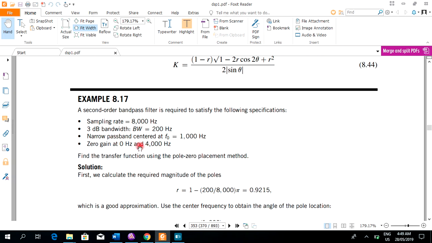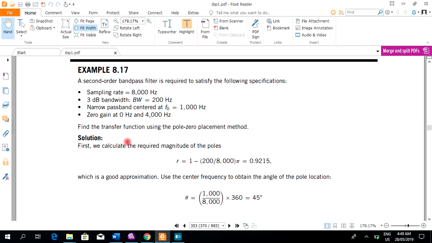What does it mean? It means we have zeros at 0 Hz and at 4 kHz. They're asking us to find the transfer function using the pole zero placement method.